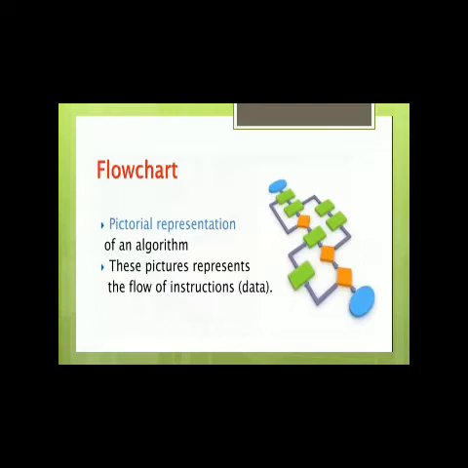In the same way, there are many big algorithms, and we convert those algorithms into a picture, so that it's not a waste of time for the person to read that whole algorithm and understand it. With that flowchart, the person can understand the program and move further.